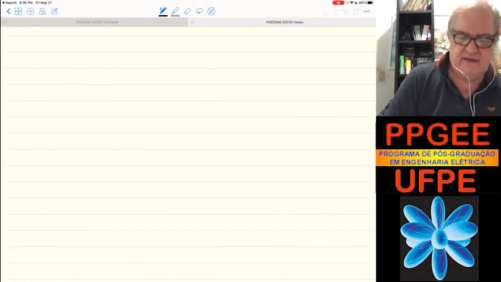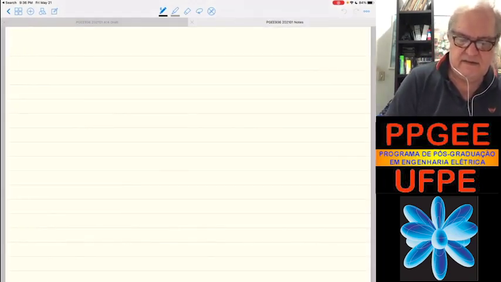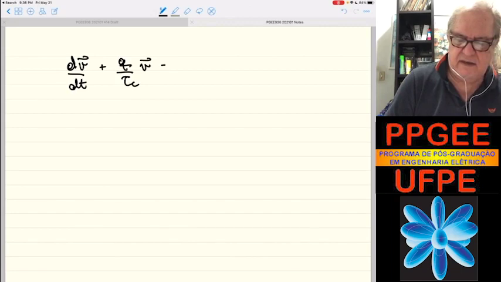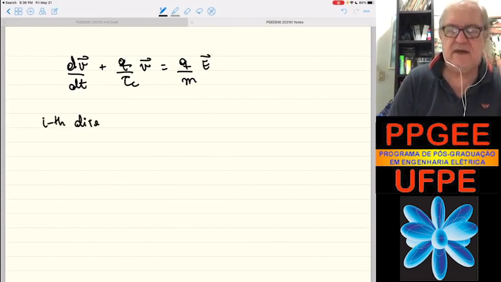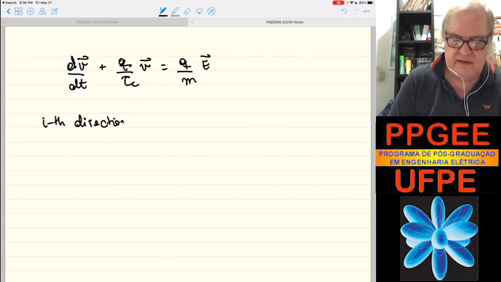We have dv/dt plus 1 over tau c times v equals q over m times E. So in the ith direction, let's make it in rectangular coordinates, you have a simple equation like this.